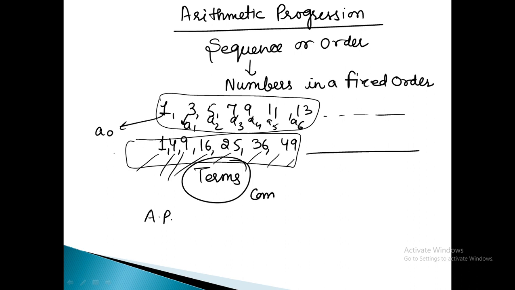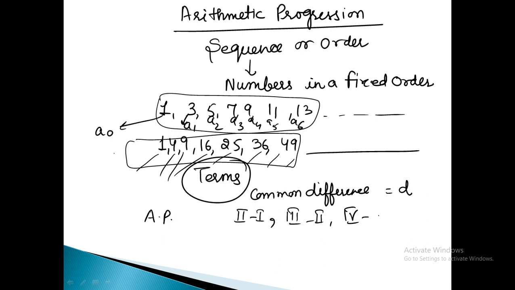Common difference is represented by D, and it can be calculated as: second term minus first term, third term minus second term, fourth term minus third term, fifth term minus fourth term. It will continue till the given terms.